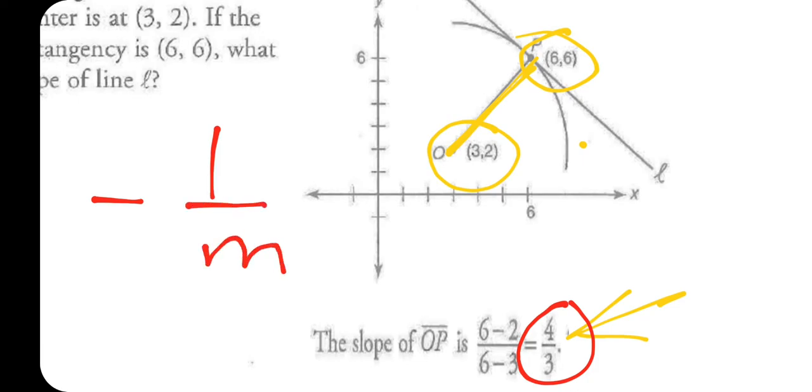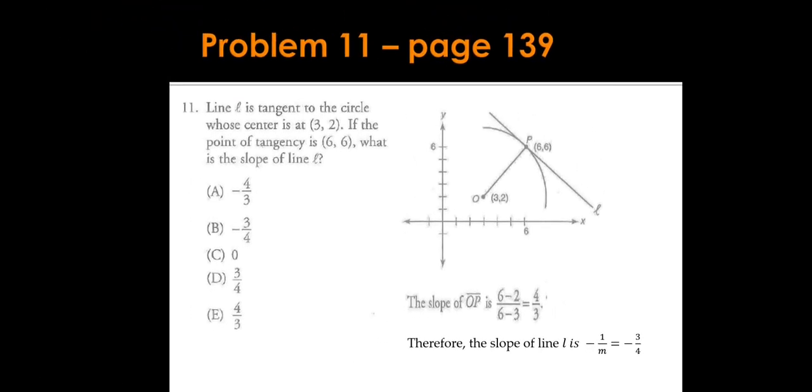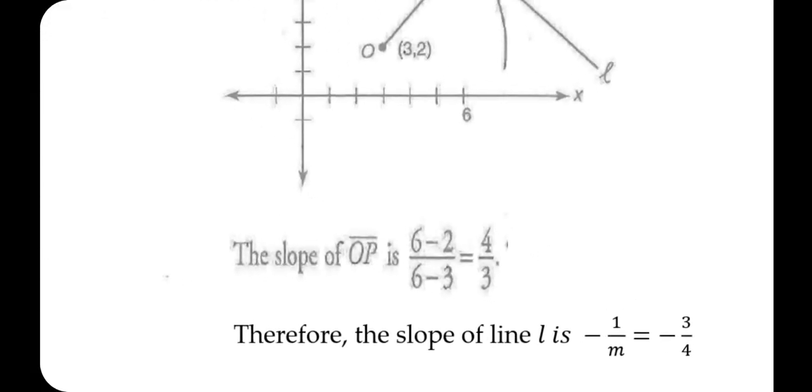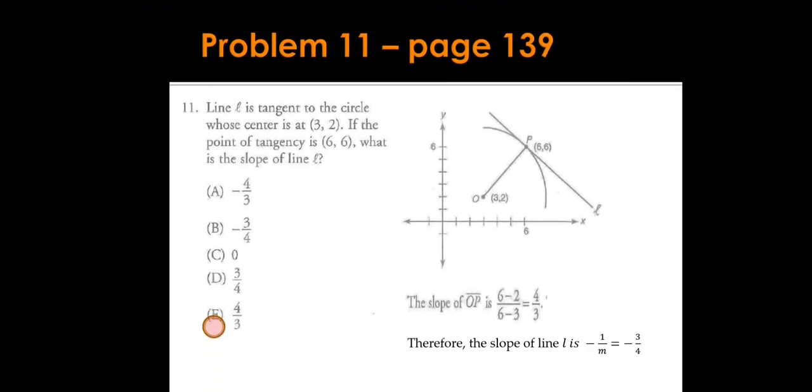So if the slope of line OP is 4 over 3, that means the slope of line L is negative 3 over 4. As you can see here, the slope is negative 3 over 4. And hence the answer is B.